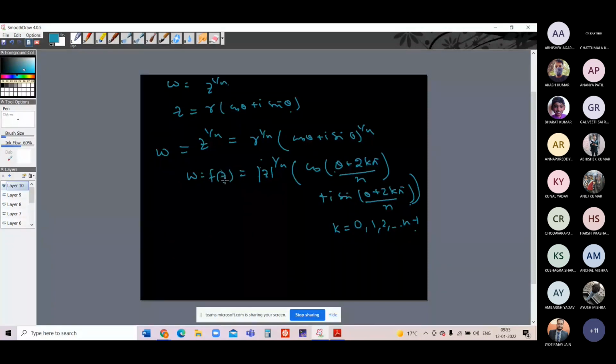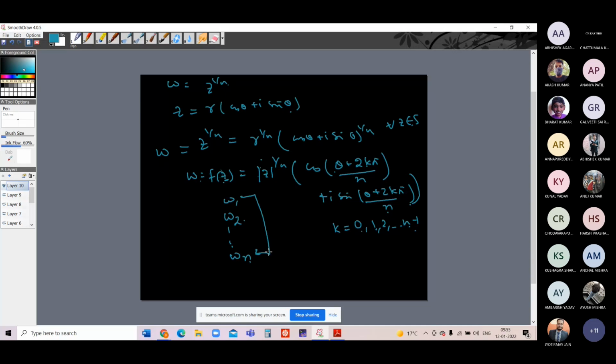For every z in S, you have a w, and w can take n values. Corresponding to k equal to 0 we get w1, corresponding to k equal to 1 we get w2, and in the same way, corresponding to k equal to n minus 1 we get wn.